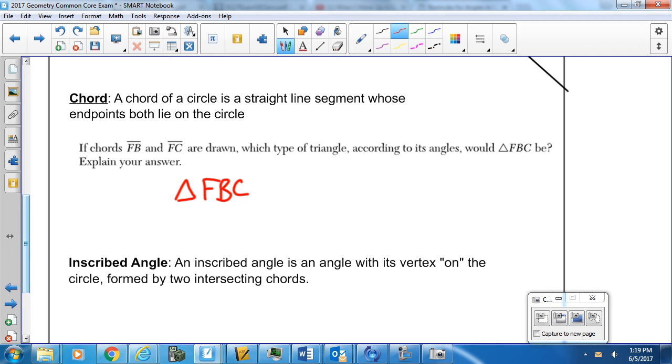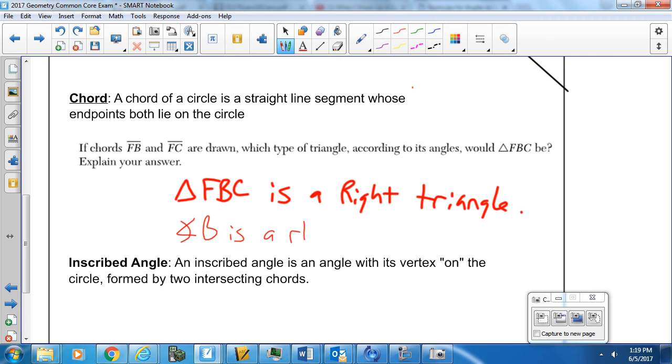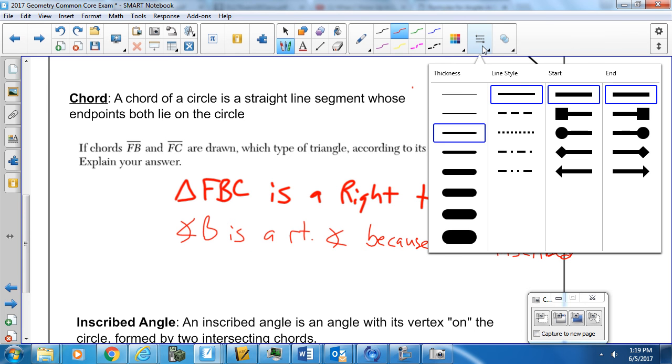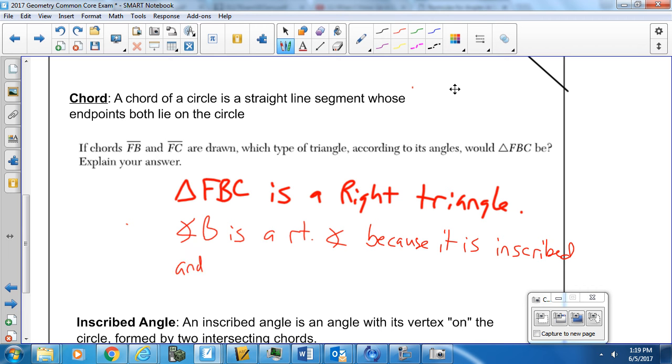Triangle FBC is a right triangle. Angle B is a right angle because it is inscribed and intercepts an arc whose angle is 180.